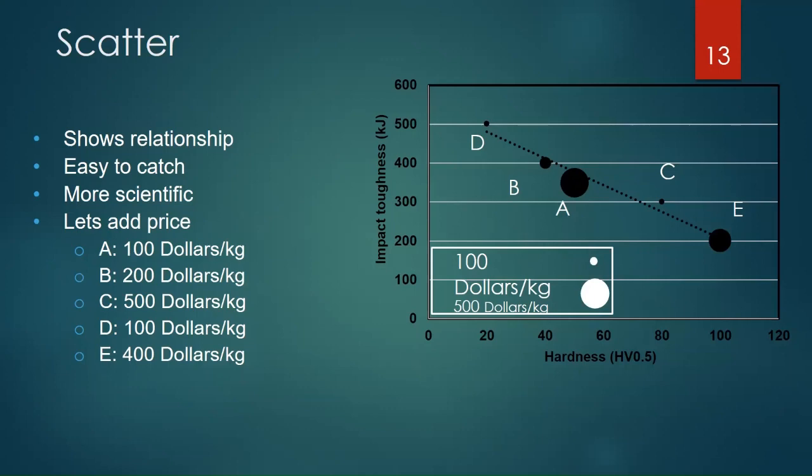For example, A is $10, and another is $100 and it's larger, and E is also $100. So based on this price, you can also show it. The price is just an example. It means that by playing with the size of these points, the size of the circles, you can give more information to the readers.